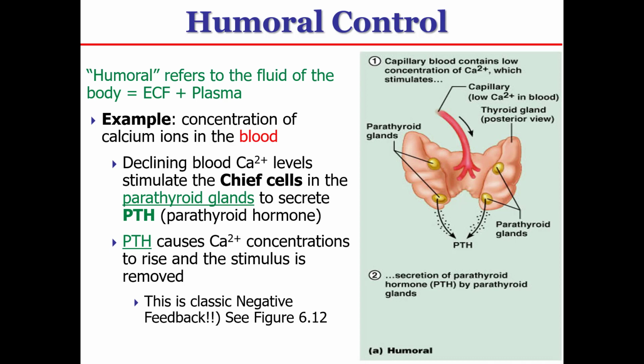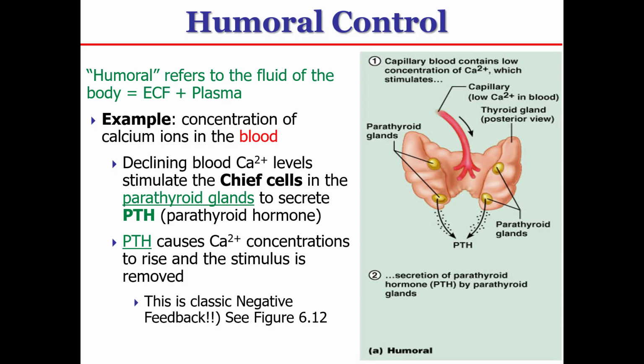Humoral. Okay, so circulating blood levels. In this example, we're looking at the parathyroid hormone that's released from the parathyroid glands on that posterior view, or the dorsal side of the patient, where the butterfly wings of the thyroid gland have the parathyroid glands embedded there, and they are responsible for the release of parathyroid hormone, which regulates calcium levels.